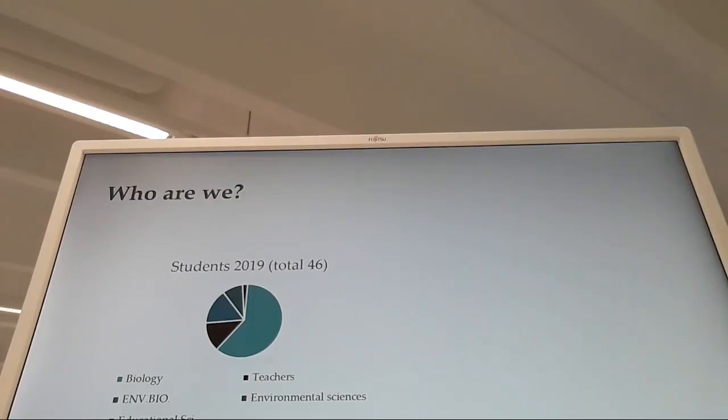And then we have some that are in Joensuu, in Kuopio campus in the environmental sciences, and then some teachers of other subjects rather than biology. So there could be information that can be a little bit too easy for you, but perhaps it's useful for some other people.